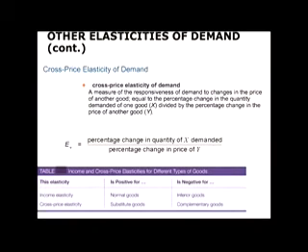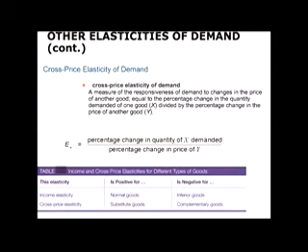If we want to look at what different types of goods have for income and cross-price elasticities, we can say a normal good has a positive income elasticity. For an inferior good, it's negative. Because remember, for a normal good, when income rises, the quantity demanded rises. For cross-price elasticities, a substitute good has a positive cross-price elasticity.